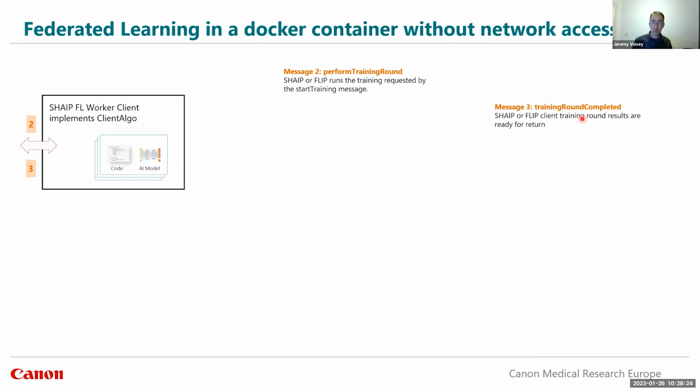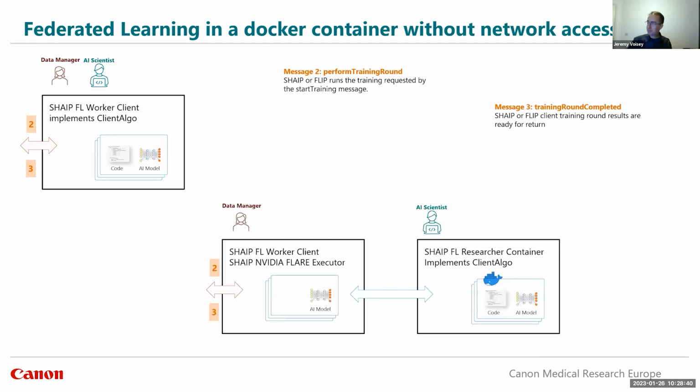The data managers want to know that, and they want to be able to control that. So that process has to be split into 2, because the data managers are responsible for the data, and I am the scientist, I'm responsible for the code. So we split it into 2. On the data manager side, the client is actually what we call a SHAIP NVIDIA Flare executor.